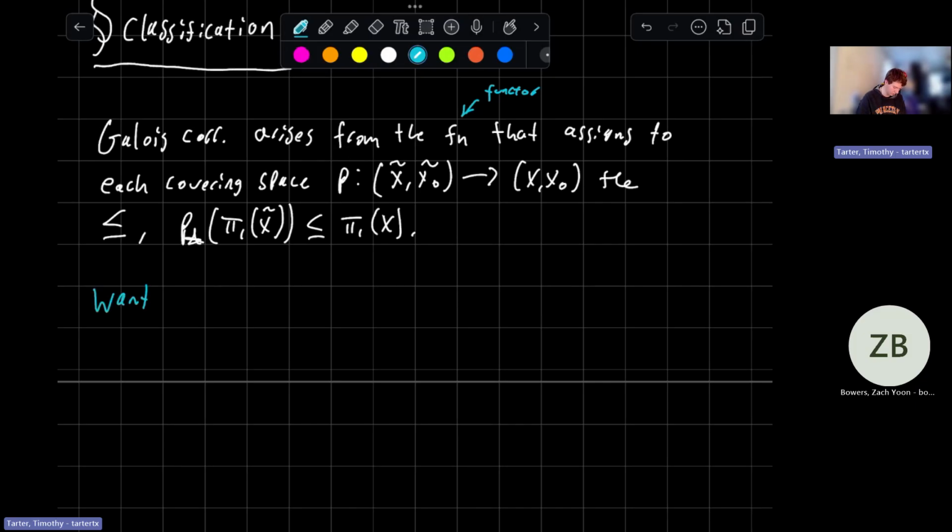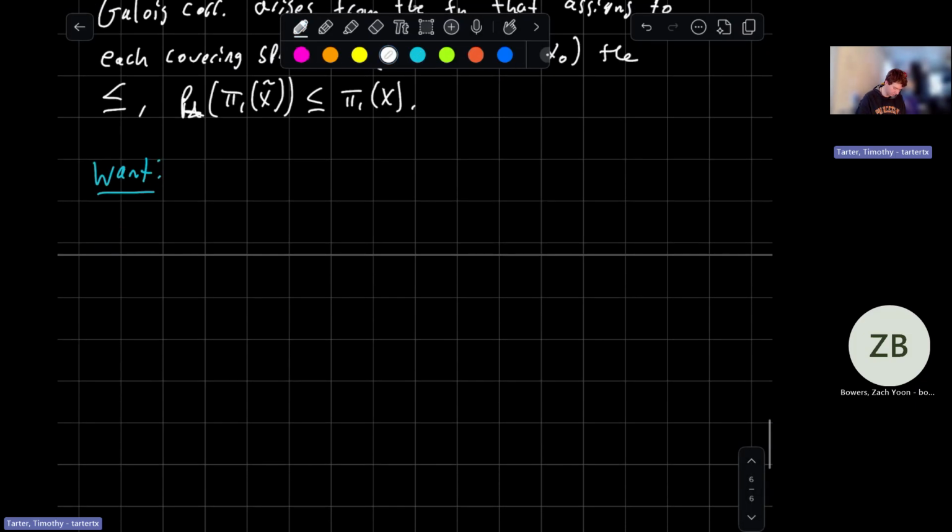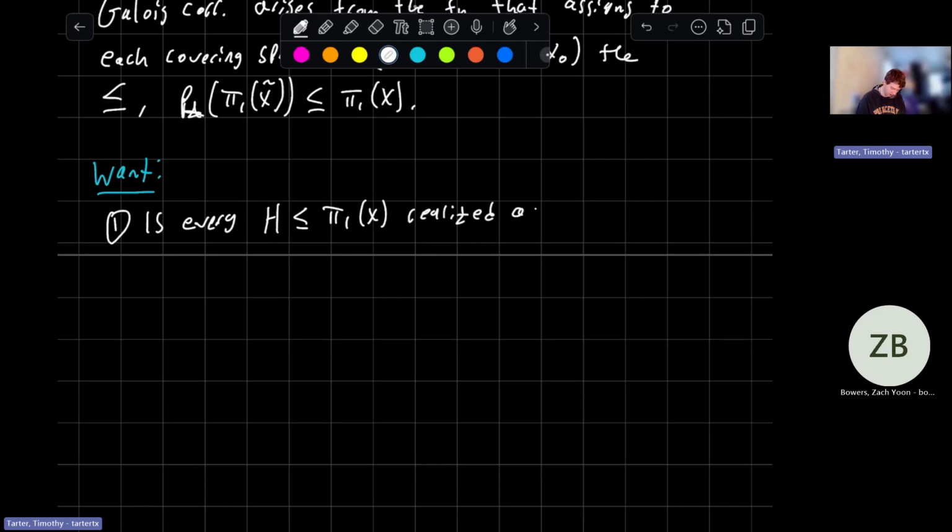So we want to know: is every H realized as some p star of pi1 of a covering space, for some p?